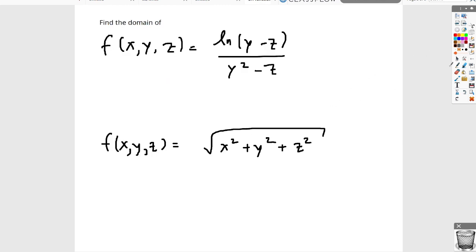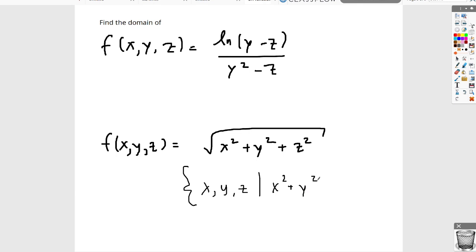Find a domain. Okay, another domain question, 2 more domain questions. Let's do the bottom one. Bottom one's easy, right? I hope. It is x, y, z, such that, I'll let you fill in the rest. Okay, time for me to fill in now.